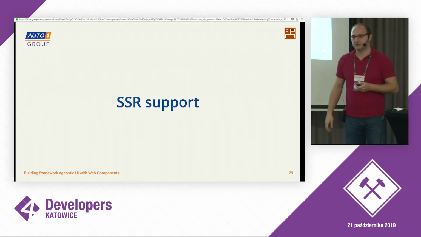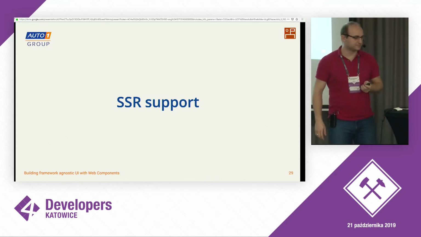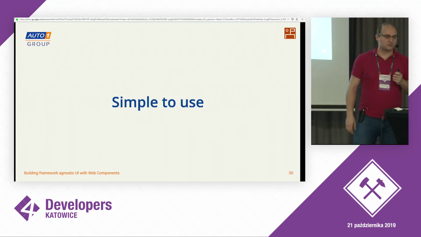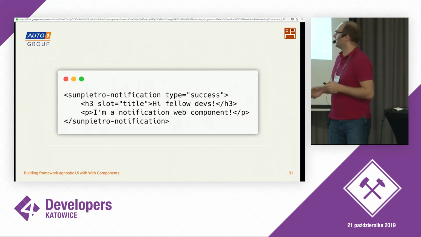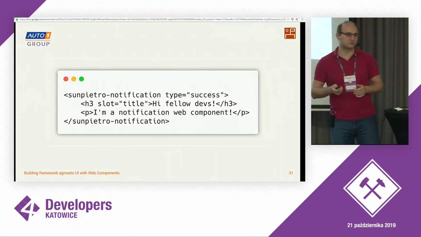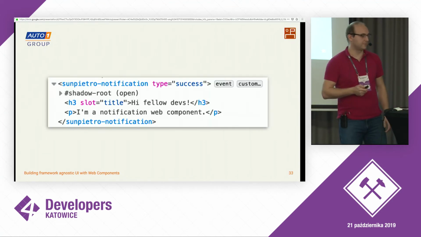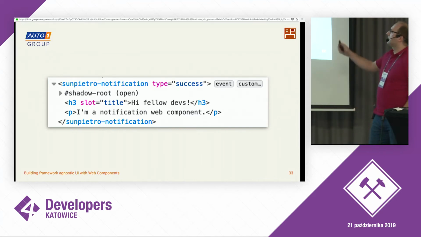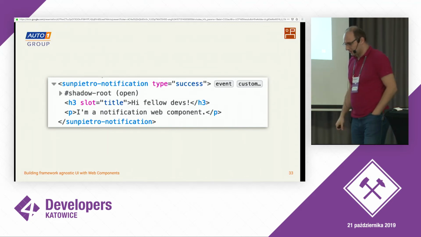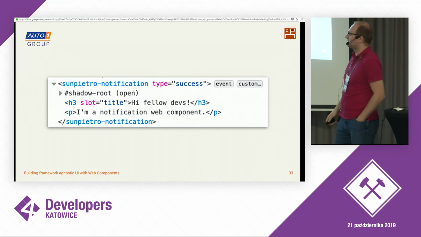So web components have some support for server-side rendering. It's very simple to use, like I showed a while ago. You just put the tag into your HTML code. But when debugging, you can see something like this. I have turned on the visibility of the shadow root.